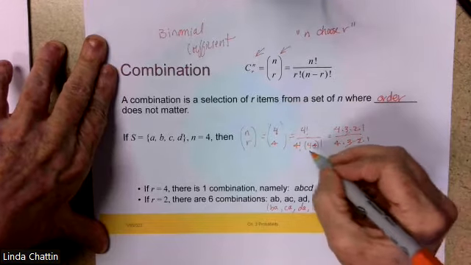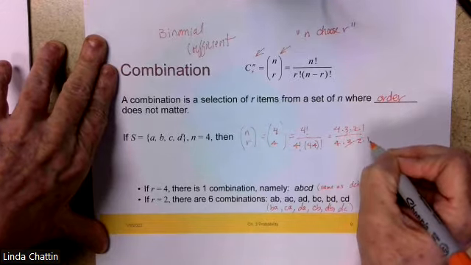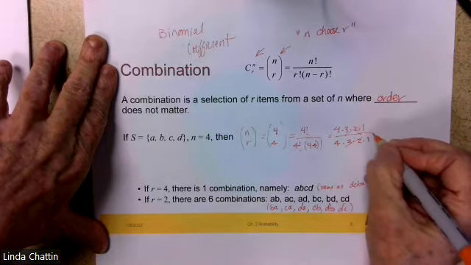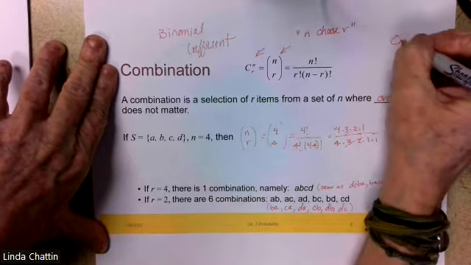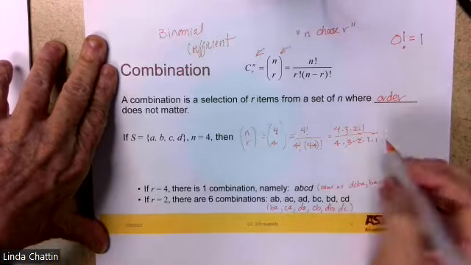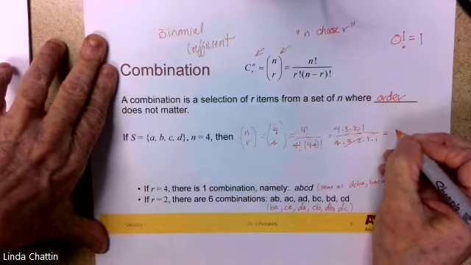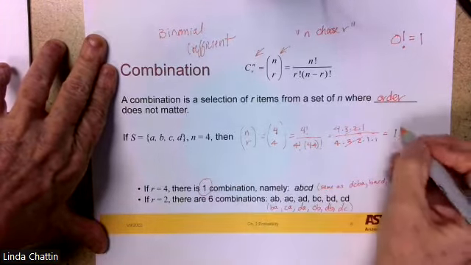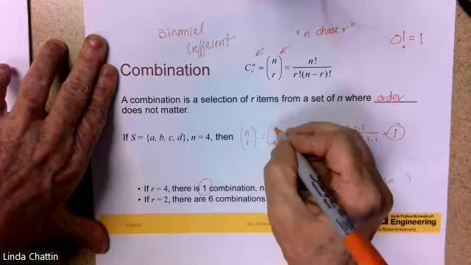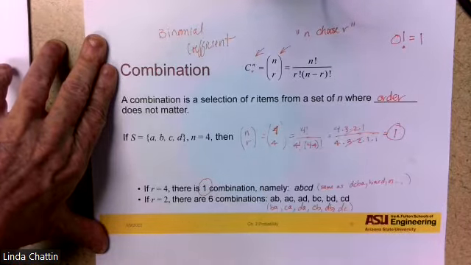Sorry, so that would be 4 times 3 times 2 times 1. And then we would have 0 factorial, which is actually just 1. I don't know if you remember that, but if you didn't know that before, 0 factorial is just 1. And so anyways, you can see how this works out to be just one combination when N is equal to R is equal to 4.